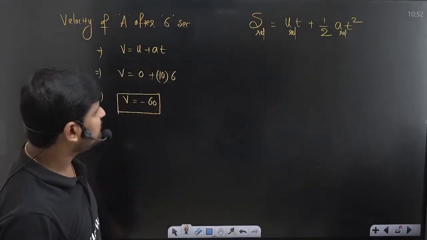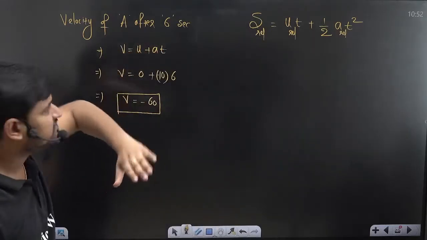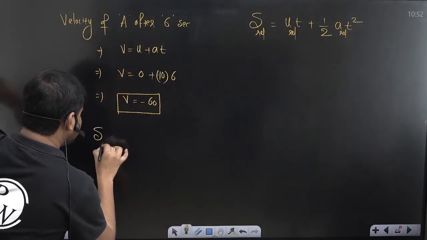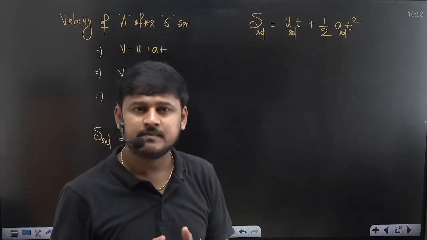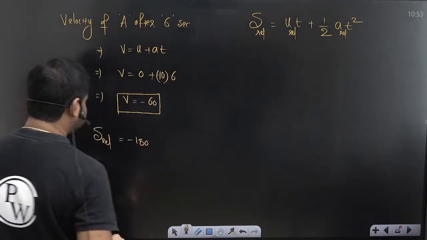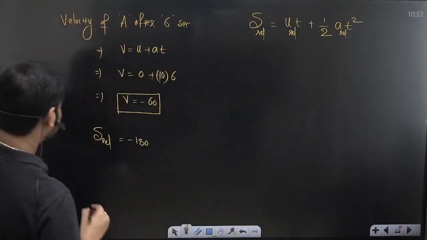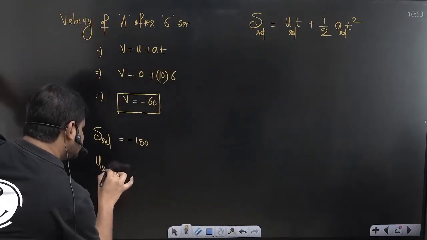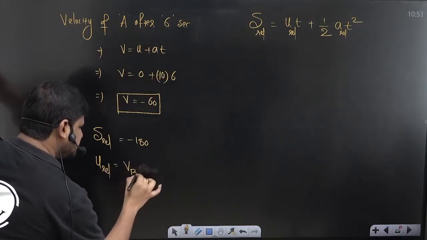The first thing I have to find is the relative distance covered by B with respect to A. B has to cover 180 meters downwards, so s relative I can directly write as minus 180. Now what is u relative? Tell me. The velocity of B with respect to A.